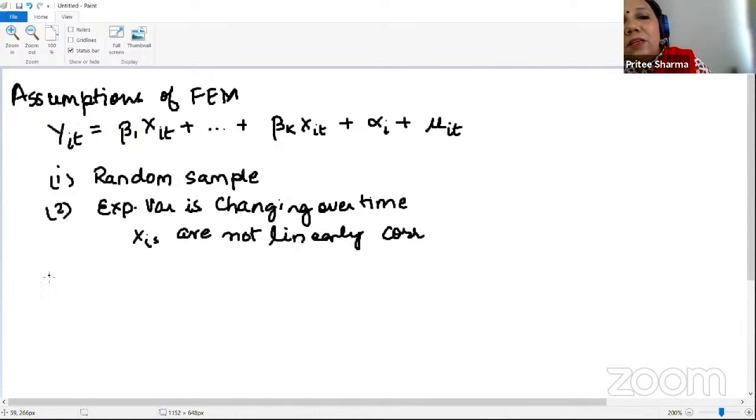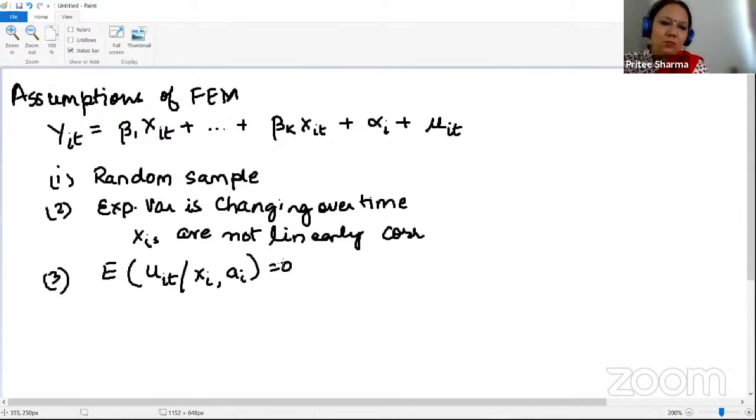Third, for each time period t, the assumptions are the same, which we have already discussed. I'm just writing them here so that you keep them in mind. The expected value of the error term conditional upon the X's and the a_i is equal to 0. You know what this means.